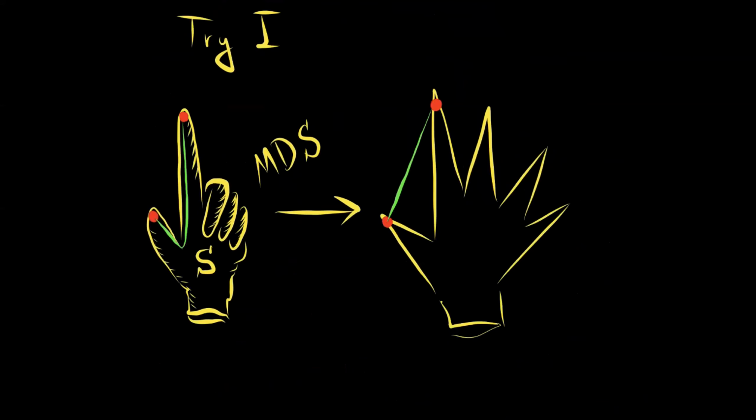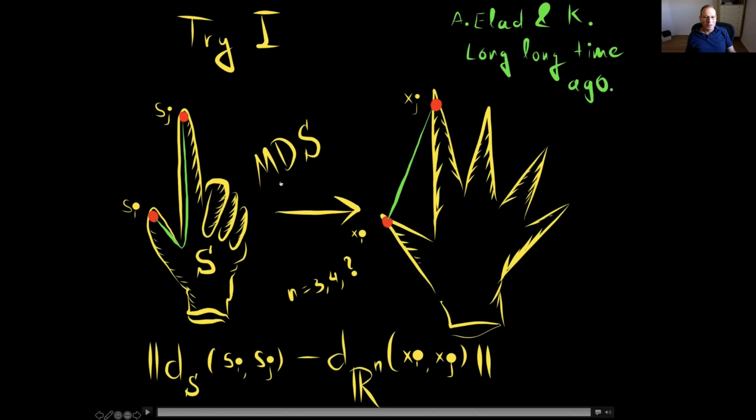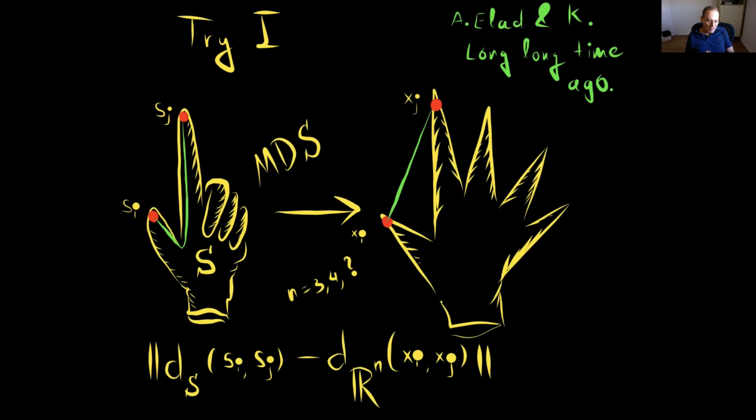First attempt is the following. And this is something that I did with my student Asi Elad, almost two decades ago. Look at all the intergeodesic distances between the points in S as a distribution, as some sampling of some distribution.